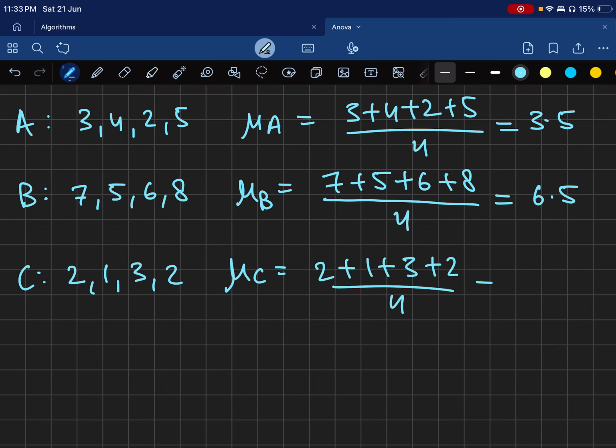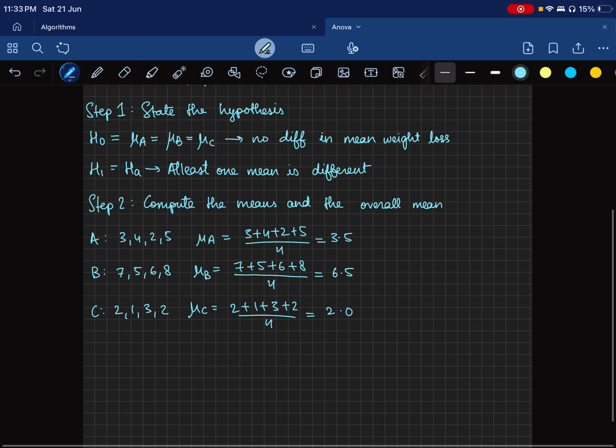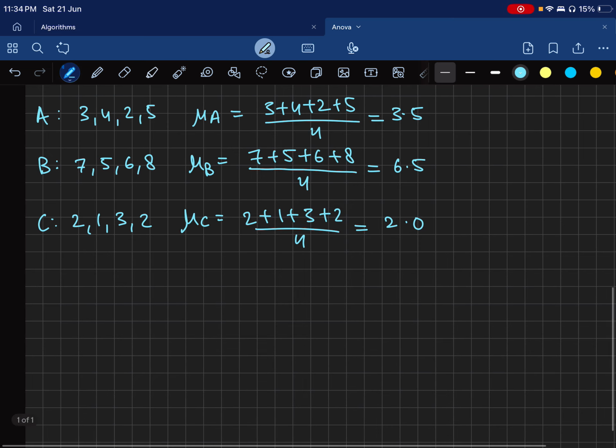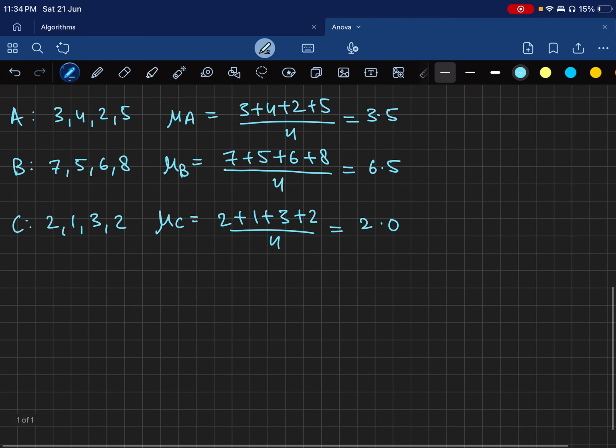This is how you calculate the means in step 2 of ANOVA. Now what is the total mean? The total mean is the sum of all the values divided by the total number of values. That's also called the grand mean.